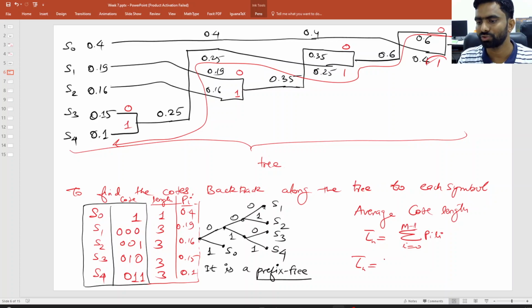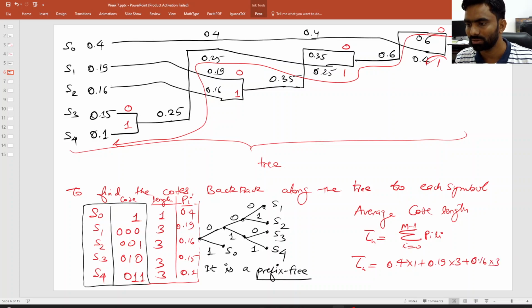L bar of H would be 0.4 times the length for S0, plus 0.19 times 3, plus 0.16 times 3. You have to multiply these columns and add them. Plus 0.15 times 3, plus 0.1 times 3.